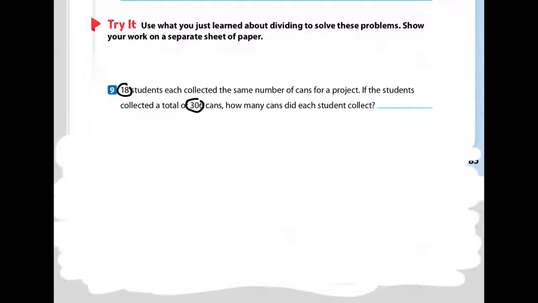Now, I'm going to do it the two ways. Remember, just like before, whatever way you did, correct any mistakes you made, and whatever way you did not do, do that way with me. So for number 9, I'm going to start with the traditional division algorithm. So I'm going to do 306 divided by 18. And I'm going to start a little bit of a counting by 18 list.